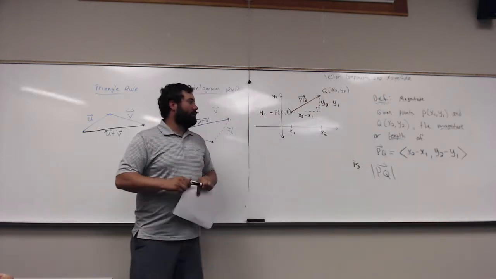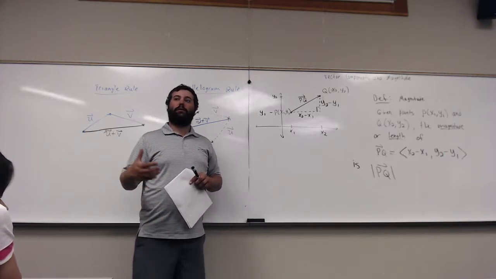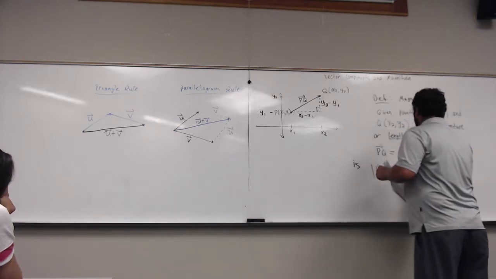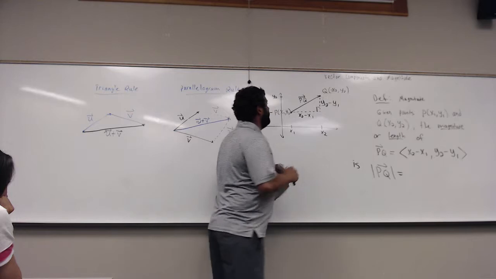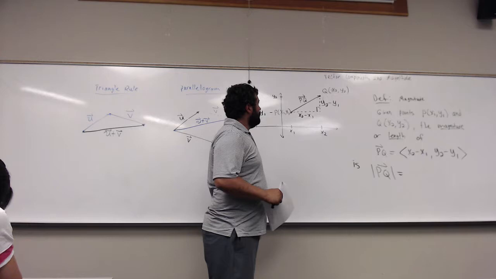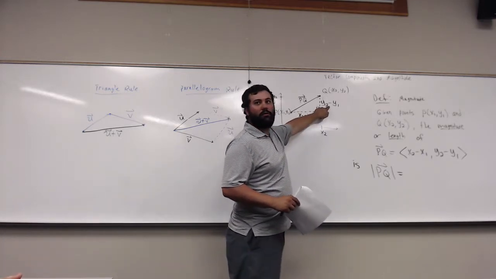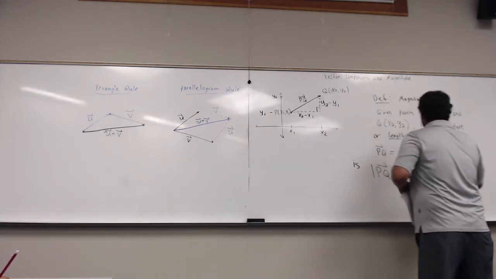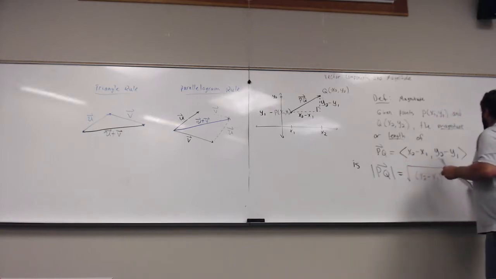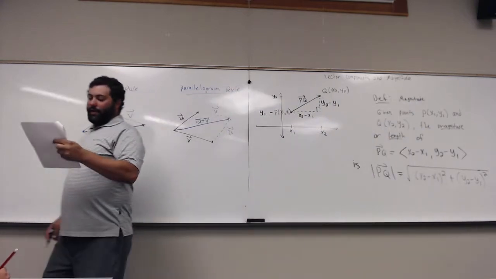But in the case that you're working with vectors, we don't call it absolute value, we call it the length or the magnitude. What it's going to be is, well, this is just the hypotenuse of this right triangle. So the length of the hypotenuse squared is going to be the sum of the squares of the other two sides. So that's where this formula comes from. You're going to do the square root of (x2 minus x1) squared plus (y2 minus y1) squared. So that's just from the Pythagorean theorem.